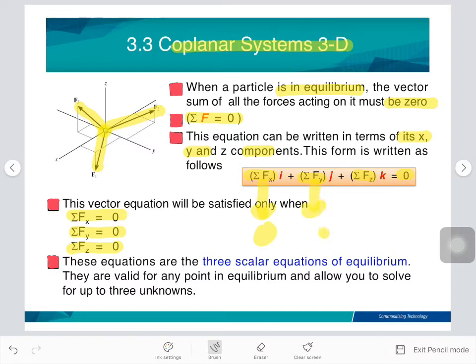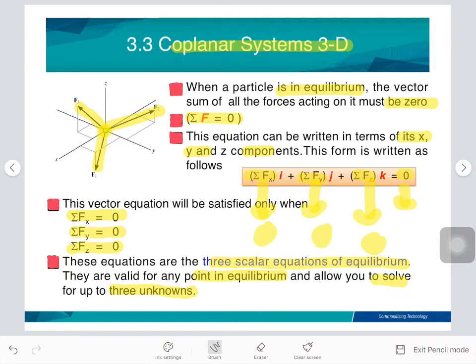This one 0, this one 0, and this one 0. These equations are the three scalar equations of equilibrium. They are valid for any point in equilibrium and allow you to solve for up to 3 unknowns.